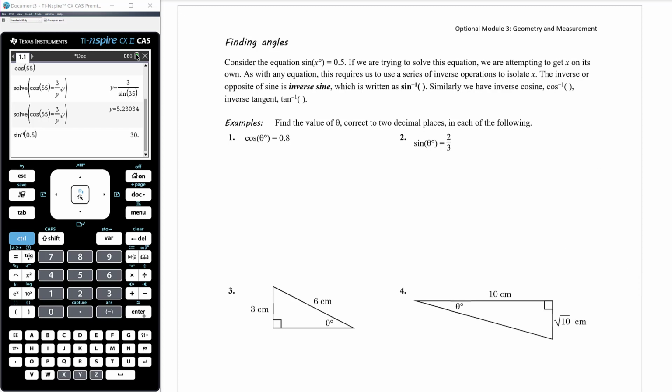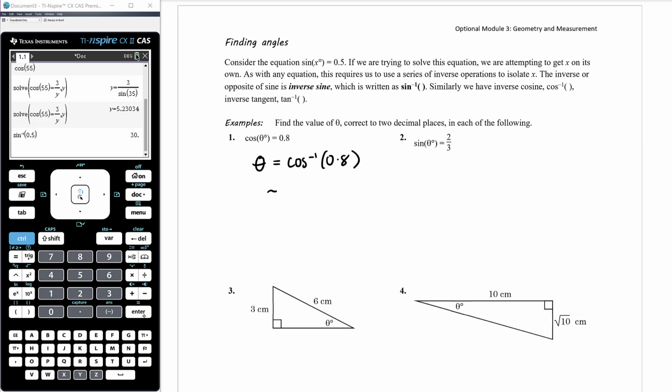So if we know that cos of theta, and theta is in degrees, which means my CAS needs to be in degree mode, is equal to 0.8. And so to get theta on its own, I need to do the opposite of cos, which is to do inverse cos, and I find that theta is inverse cos of 0.8.